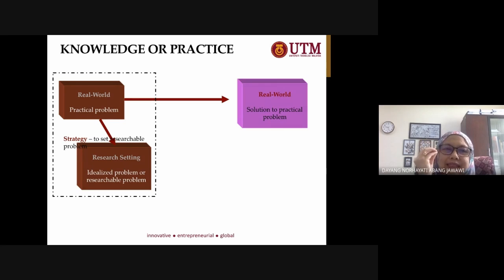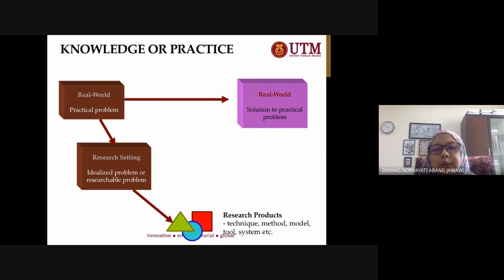So that is the difference between what we have in software engineering as compared to computer science. Because computer science is not going to look into the practical problem in detail. But as software engineering researchers, because we are trying to provide theory for software engineers, we really need to look in detail at what the practical problems are, and how we are going to analyze and design a researchable problem that we can solve in an academic setting.